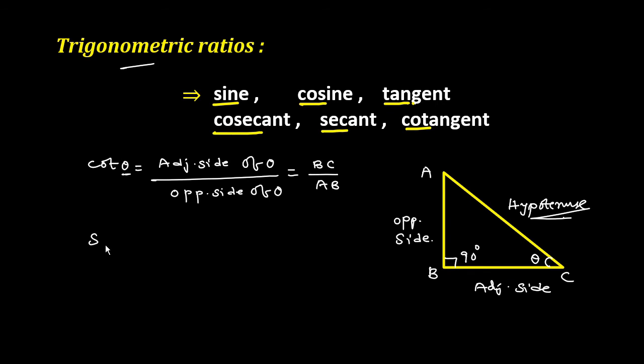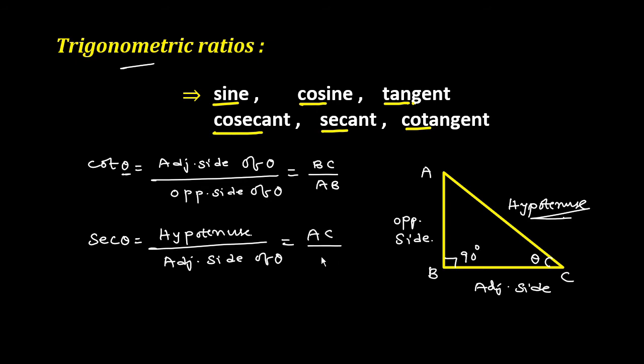Next trigonometric ratio, secant, shortly sec. Secant is the ratio of hypotenuse and adjacent side of theta. So secant theta equals hypotenuse divided by adjacent side of theta. Hypotenuse is AC here and adjacent side is BC.